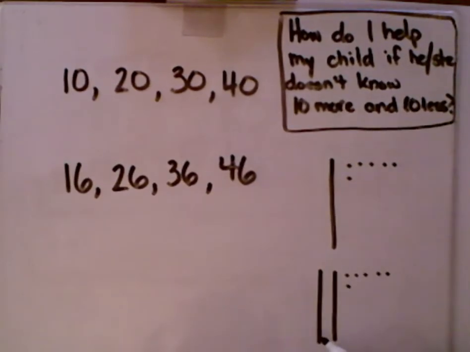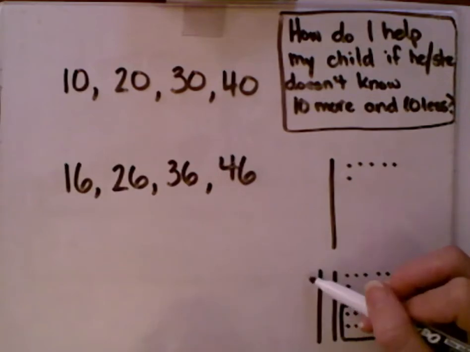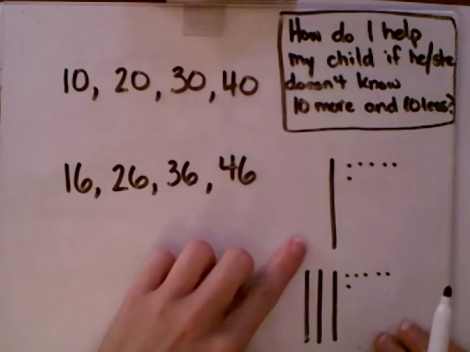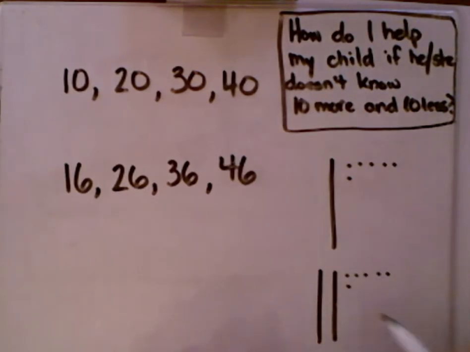And students may have to make their ones drawings if they're not realizing that they can just add a quick 10 instead. Either one is okay as long as we then keep helping our students see what they're doing and think about another way.